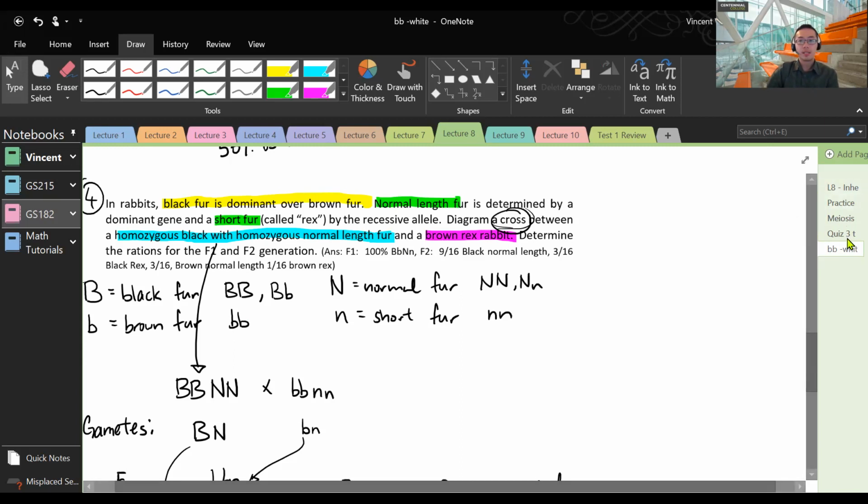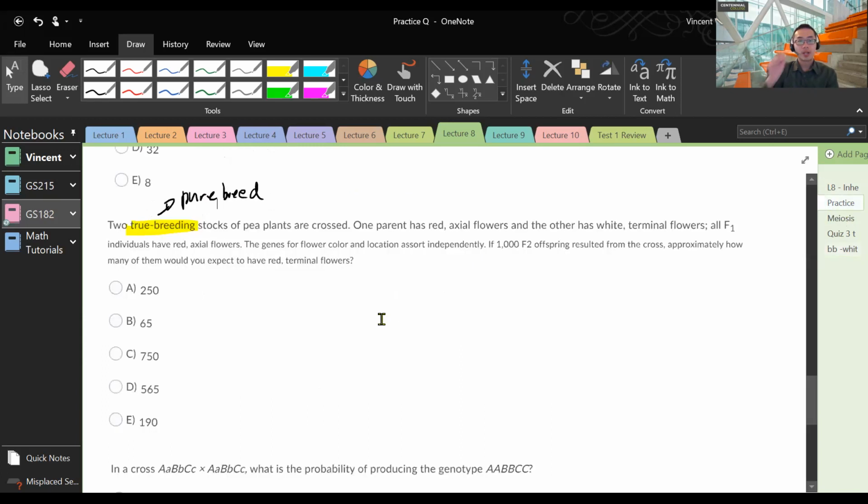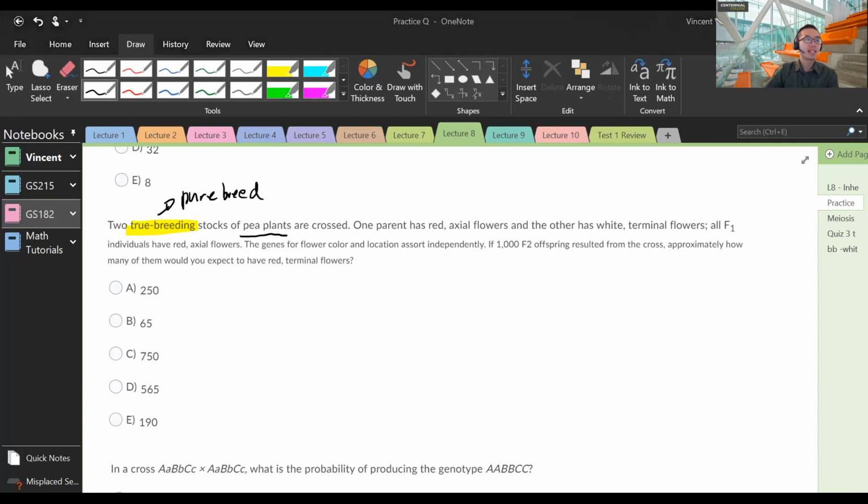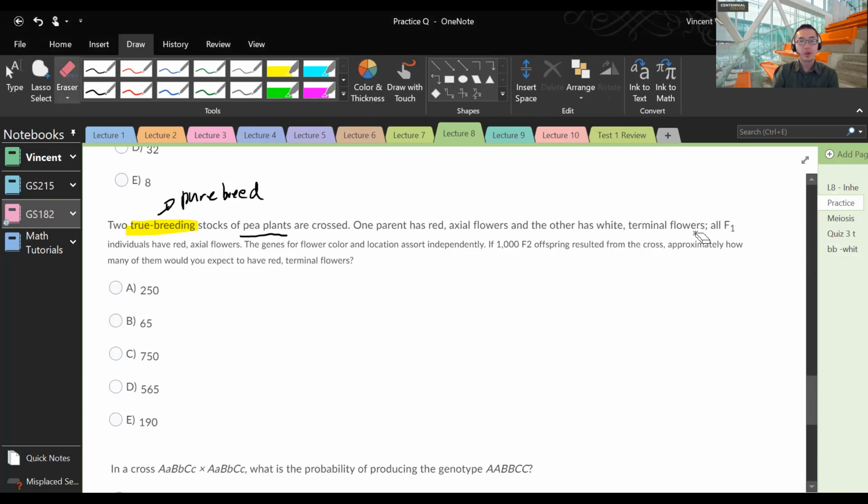Where was I? Right here. Okay, so 2 pure breeds of pea plants are crossed. So one parent has red and axial flower, and then the other one has white and terminal.